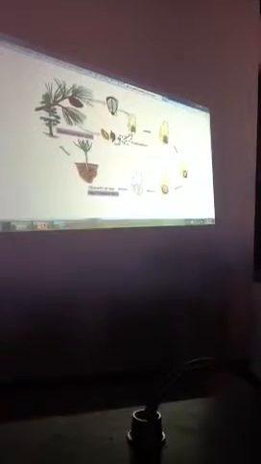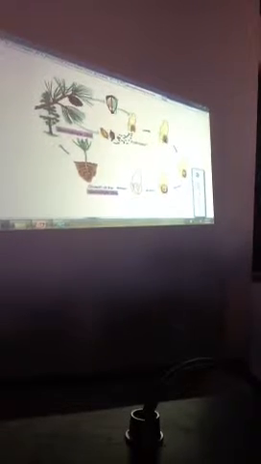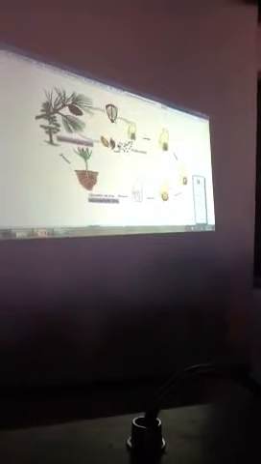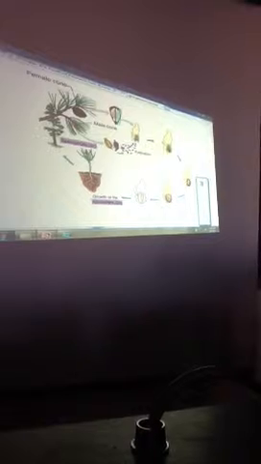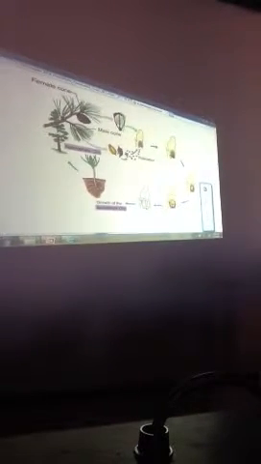Gymnosperms are seed plants that have no enclosed chambers around their seeds. Most gymnosperms are conifers, cone-bearing trees such as the pine shown here. The male and female parts of a conifer are found in separate locations and structures on the tree. A pine tree represents the diploid sporophyte phase of the life cycle.